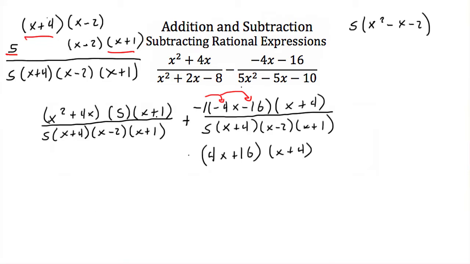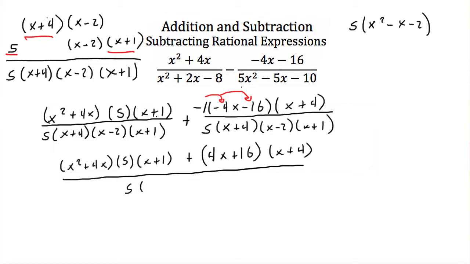Now again, when I add my numerators, I'll just be adding x squared plus 4x times 5 times x plus 1. And all of this is over 5 times x plus 4 times x minus 2 times x plus 1.